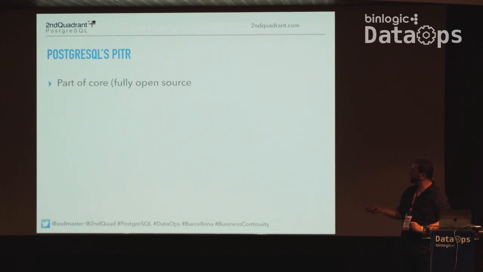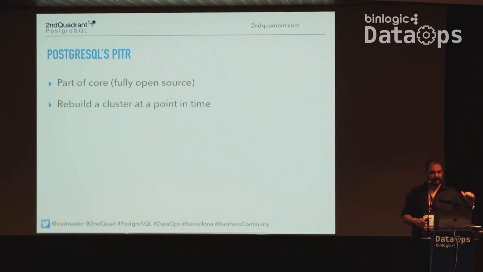PostgreSQL point-in-time recovery is part of the core of Postgres, so it's fully open source. As I was saying, it allows you to rebuild a cluster at a specific point in time using the WALs and the backup.